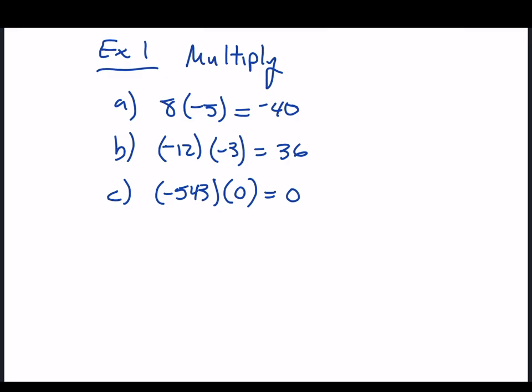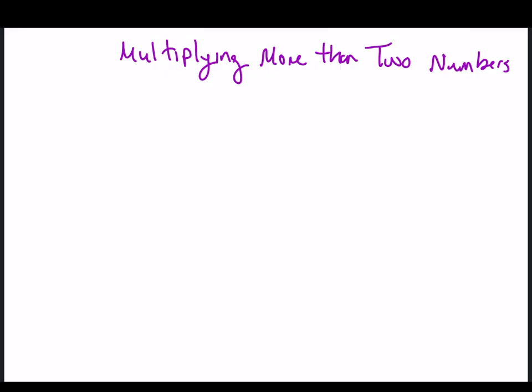Let's now talk about what happens when you multiply more than two real numbers together. Multiplying more than two numbers. The first thing we need to do is to assume none of the factors are 0.